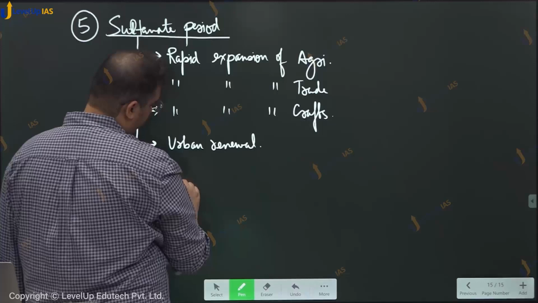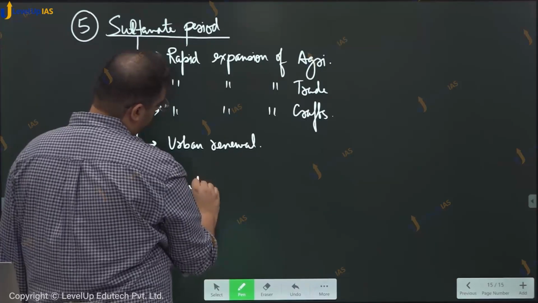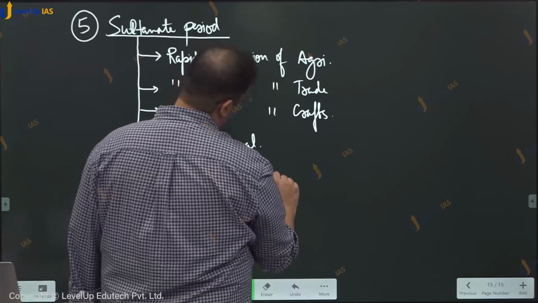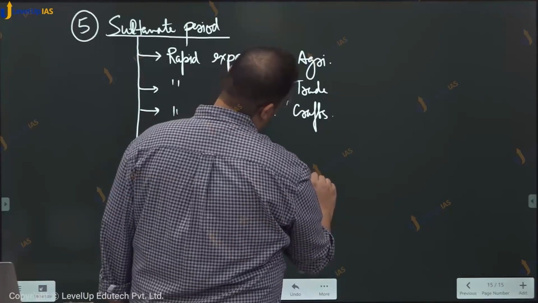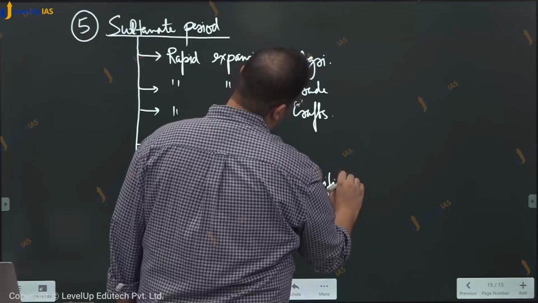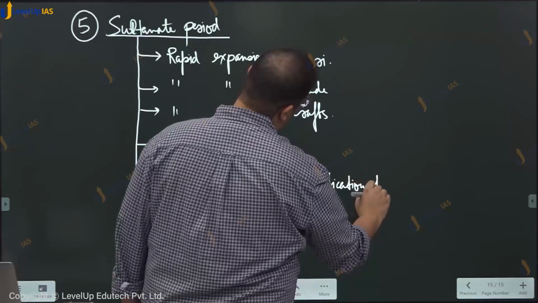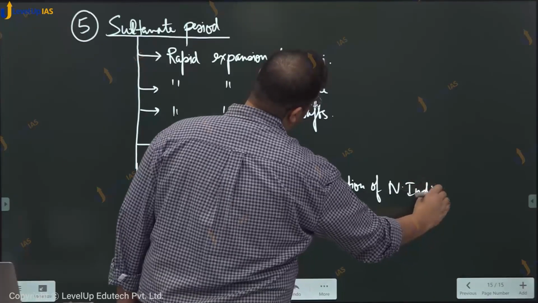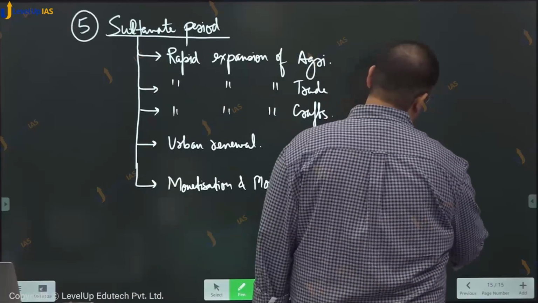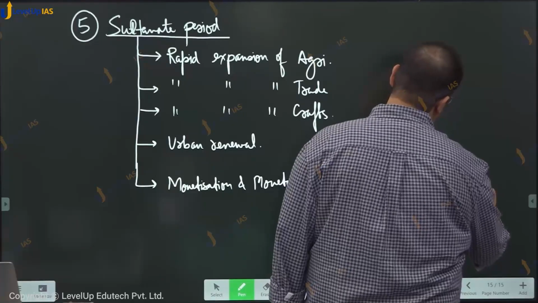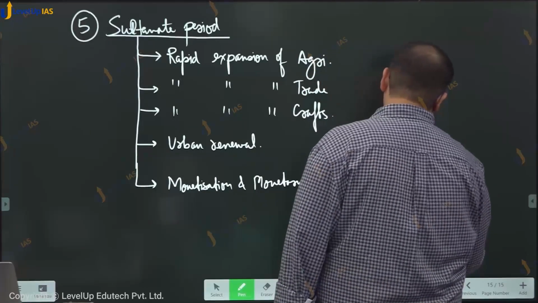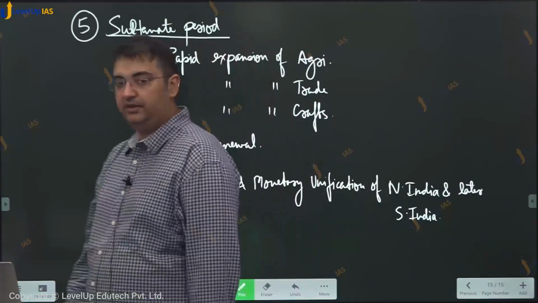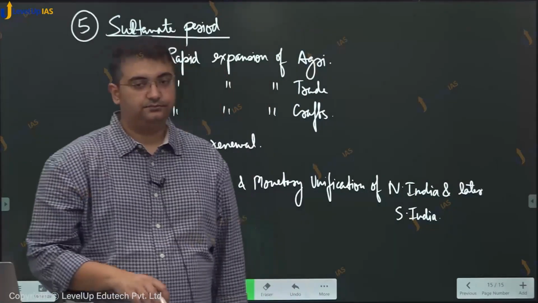the large scale monetization and monetary unification of North India and later even South India for a short period. ठीक है?